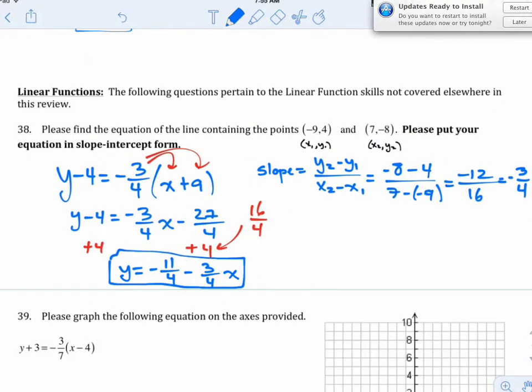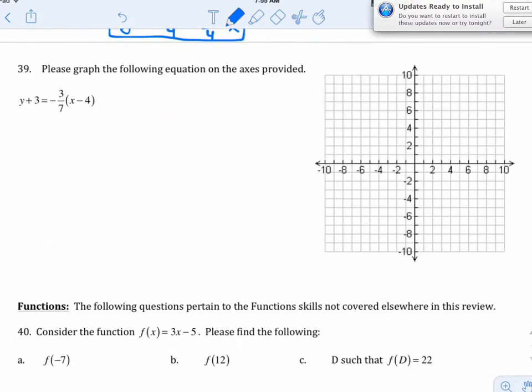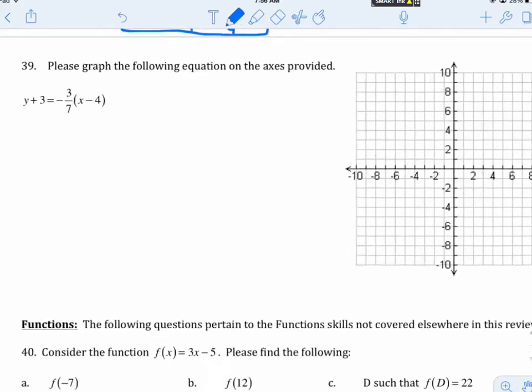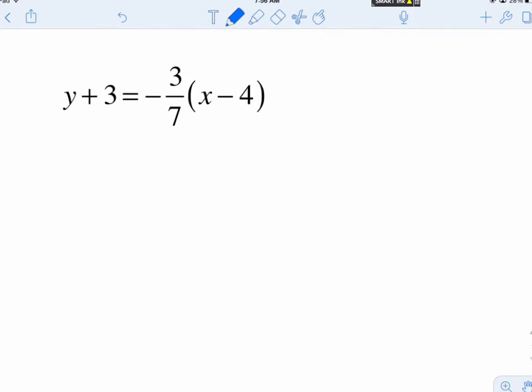Okay, moving on. Now we are given an equation, and we're just asked to graph it. Now this doesn't seem so bad, right? Okay, and all we're asked to do is graph it. Now, we might have the impulse to go ahead and put this in slope-intercept form.